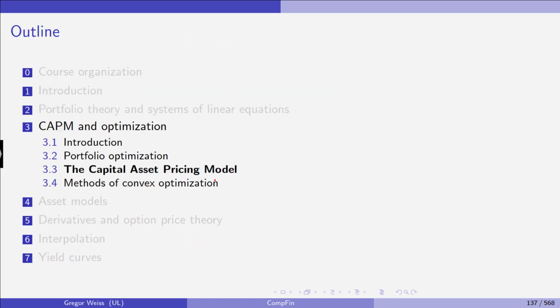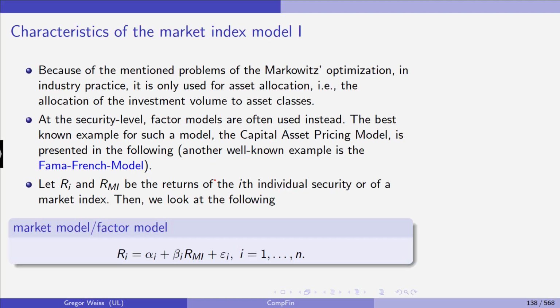Okay. Next, now let's look at the capital asset pricing model, the CAPM. Because of these mentioned problems of Markowitz optimization, in industry practice it is usually only used for asset allocation. That is the allocation of your investment budget to asset classes and not individual securities.